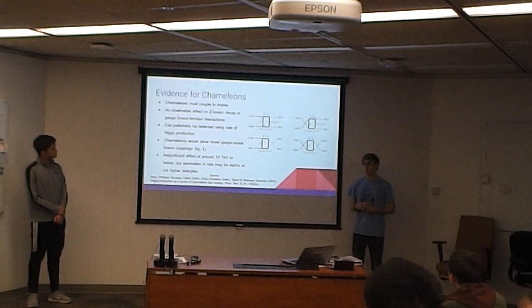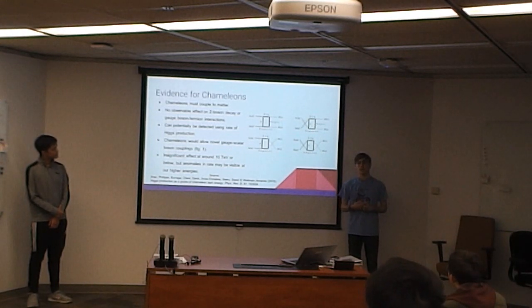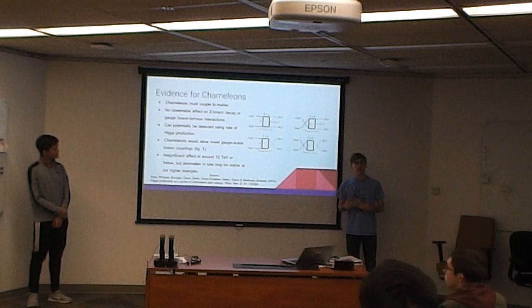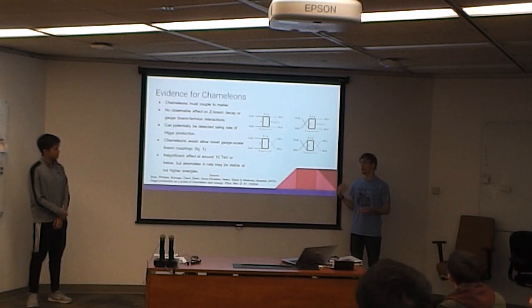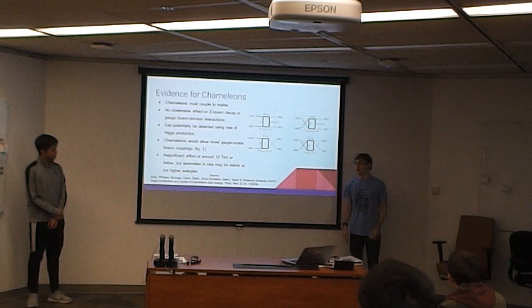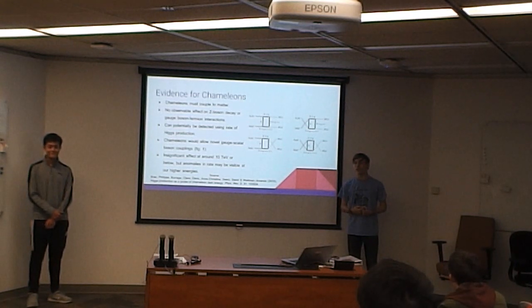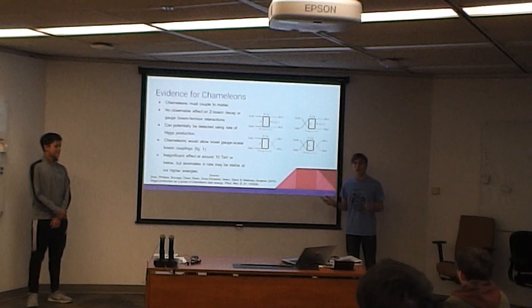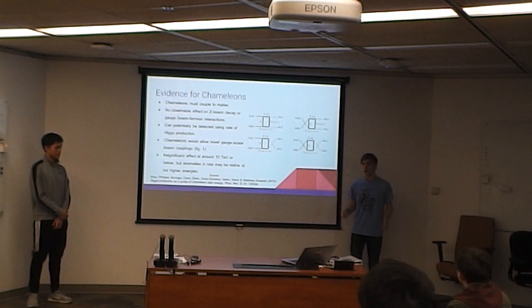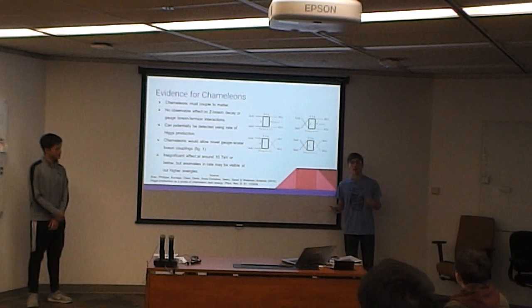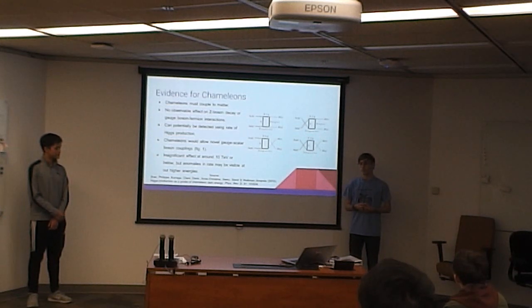Because of this, we want to measure Higgs production very precisely so we can see if there's any deviation. We do know, also due to previous research, that this correction in Higgs production due to chameleons would not be noticeable at around 10 TeV or below, which is why the LHC wouldn't be the best for this.